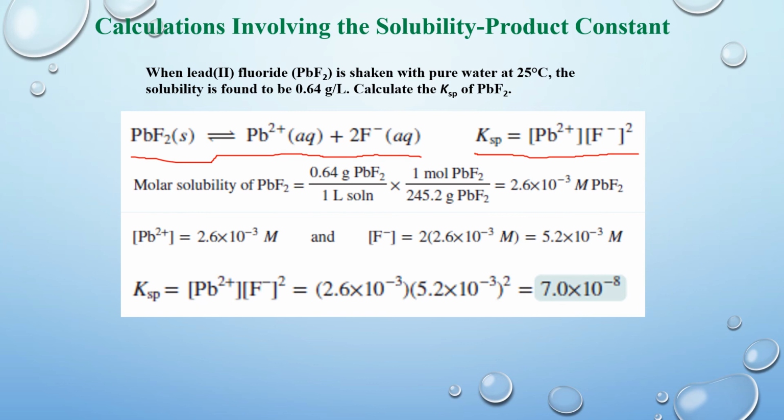The question tells us that the solubility is found to be 0.64 gram per liter, meaning that for every 1 liter of this solution, about 0.64 gram can be dissolved. That 0.64 gram refers to the mass of the soluble portion of the solid.